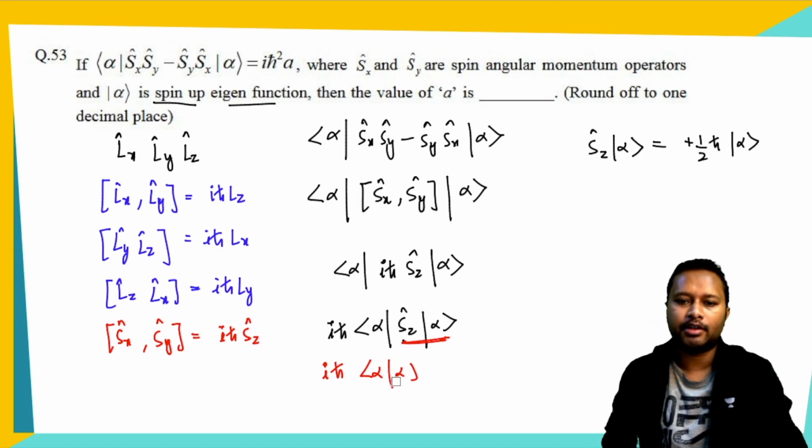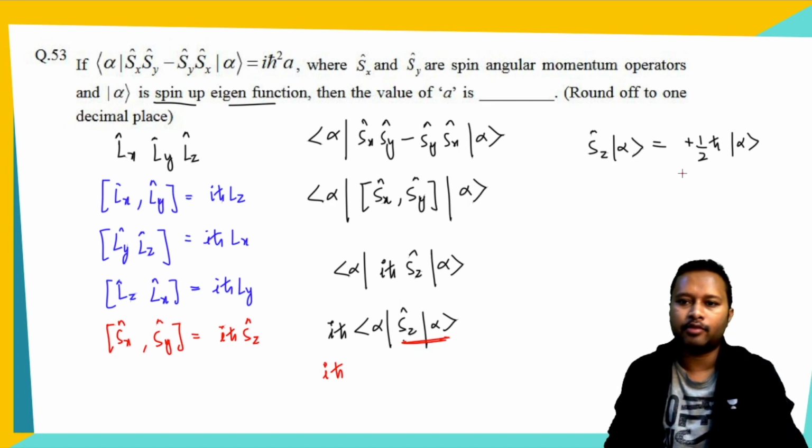So you have got plus half h cross, and the plus sign I can just ignore.